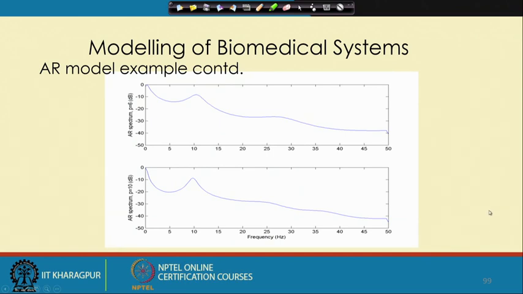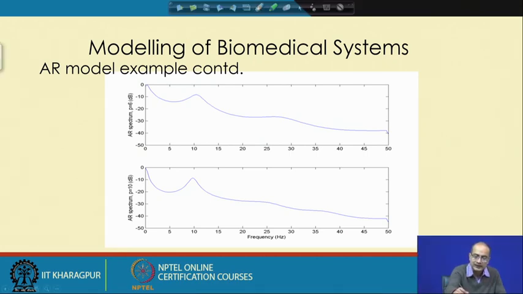Now, if we increase the model order from 6 to 10, the peak near 10 remains there, not disturbed, but it is a bit accentuated and becomes a little sharper.